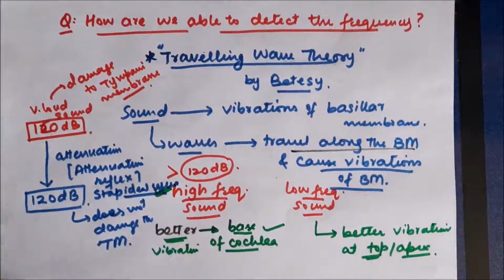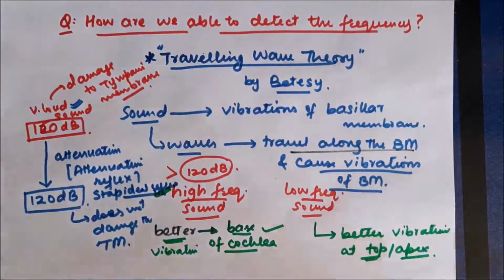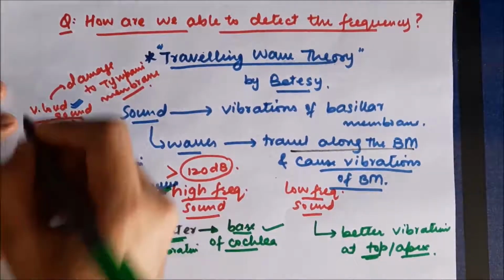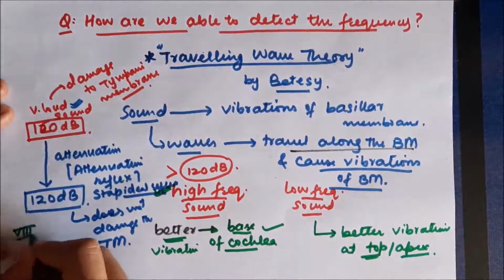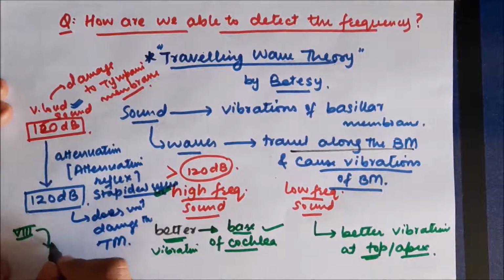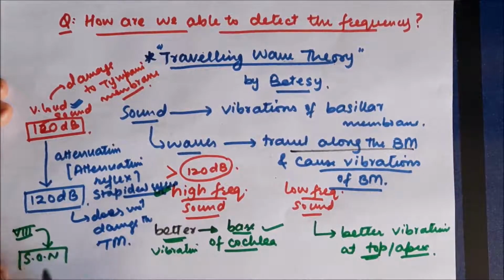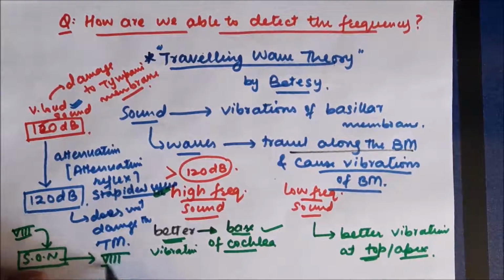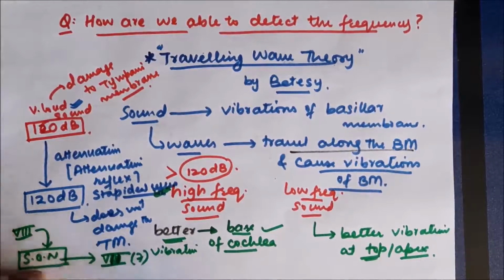Now let us try to trace the pathway of this reflex. The impulses come through the 8th cranial nerve, that's the vestibulocochlear nerve. From the eighth cranial nerve, these impulses go to the superior olivary nucleus, which is the main center for this reflex. From the superior olivary nucleus, the efferents go to the seventh cranial nerve, the facial nerve.